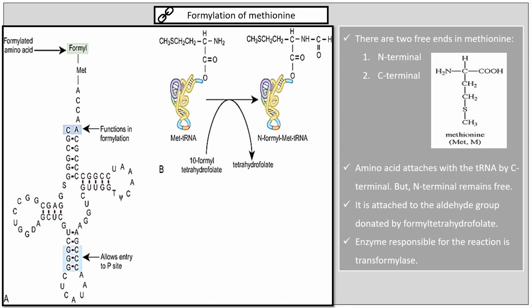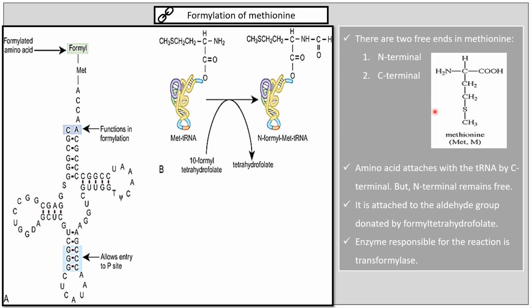In case of eukaryotic cell and prokaryotic cell as well, the start amino acid or initiating amino acid is always methionine. Why? Because the start codon always specifies the methionine. As far as the prokaryotic cell is concerned, this methionine is always formylated. Why?